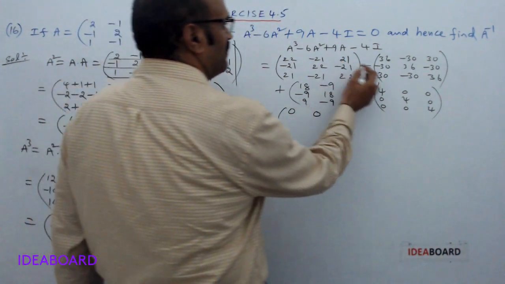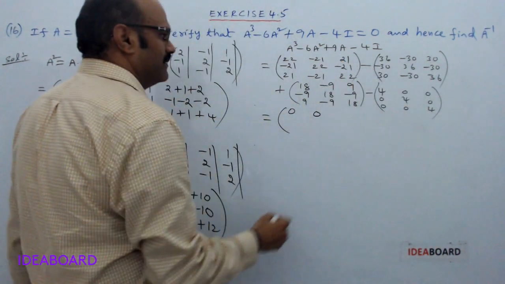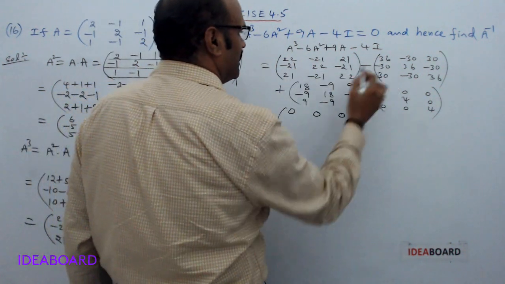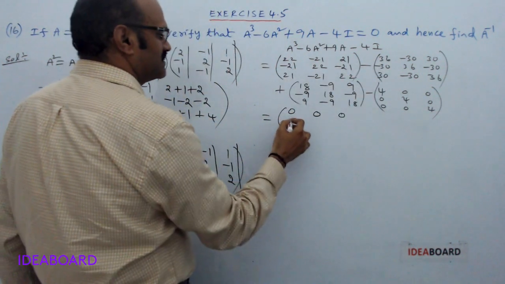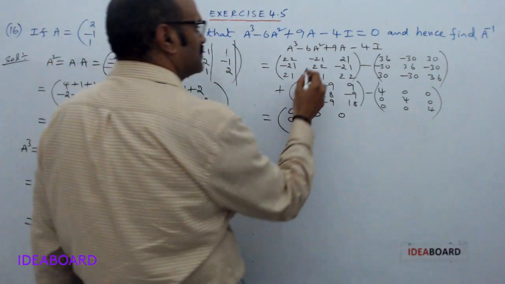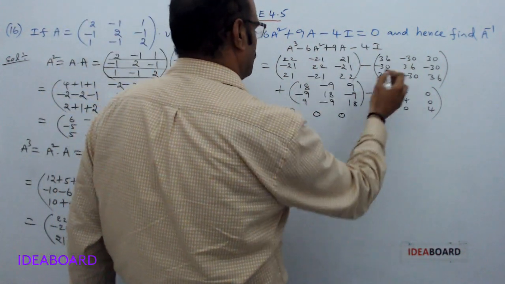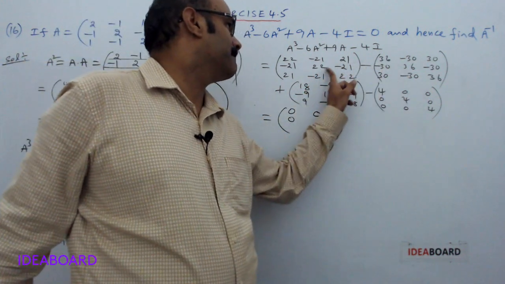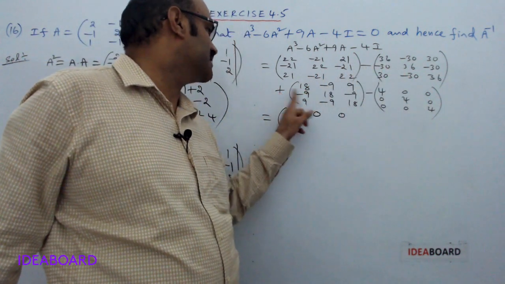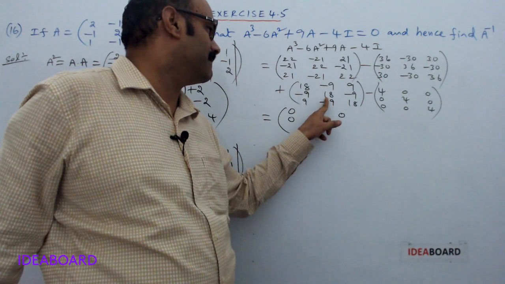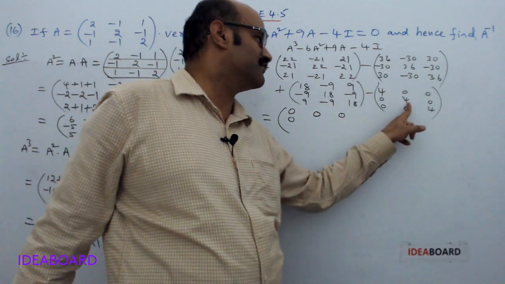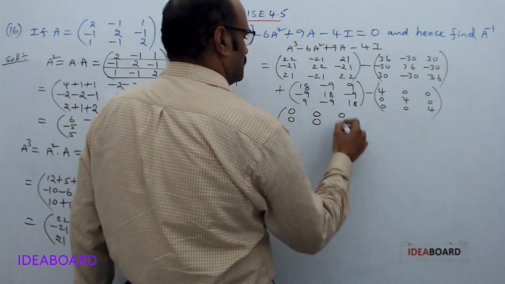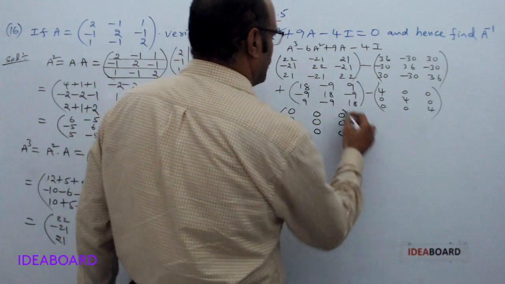Next, 21 minus 30 minus 9 plus 9, 0. Minus 21 plus 30 plus 9 minus 9, 0. Next, 22 minus 36 plus 18 plus 4 minus 4 becomes 0. So here we get the null matrix.